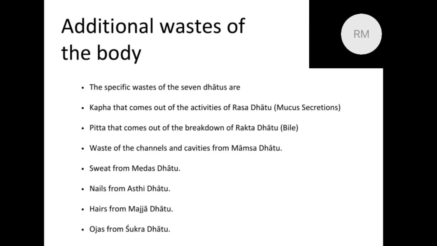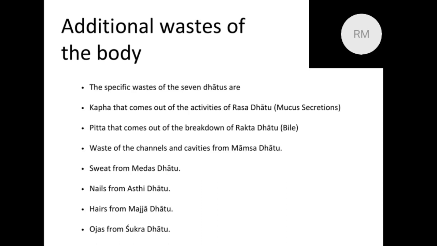Okay. So next we have Mamsa Dhātu, and a lot of waste is produced from the Mamsa Dhātu, and these wastes are actually filling up the channels and cavities of the human body. So you can see that there is waste in the ears, the ear wax, and secretions in the various other cavities of the human body.